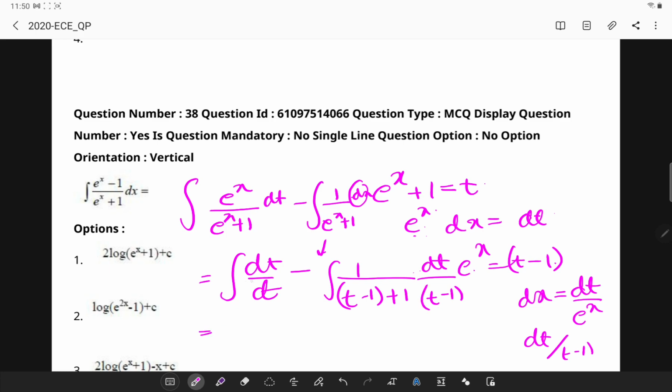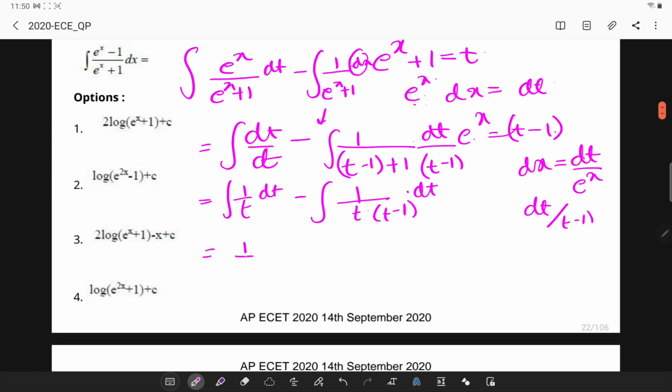So this is integral of 1 by t dt, and here integral 1 by t into t minus 1 dt.